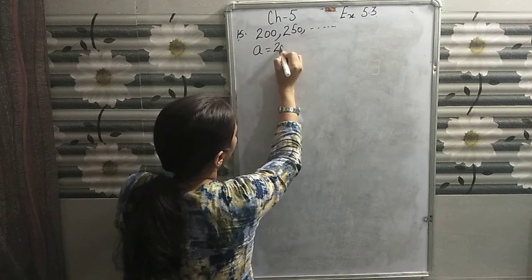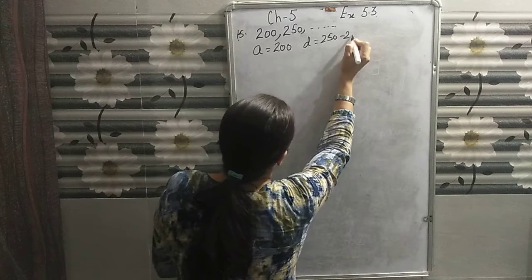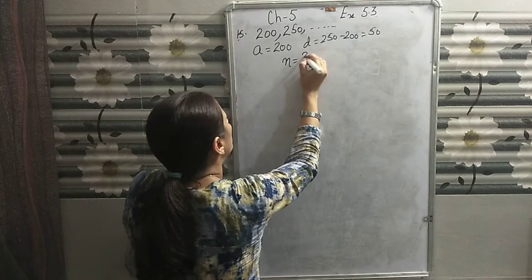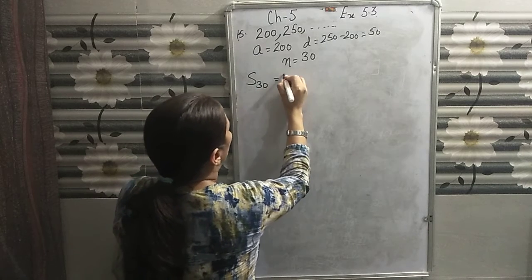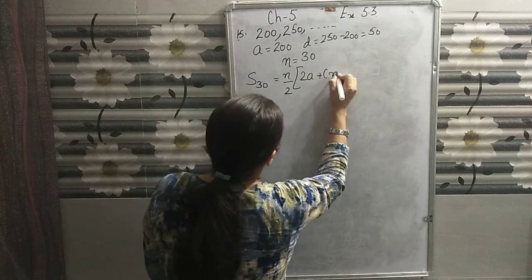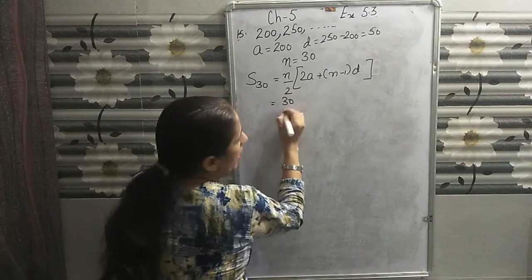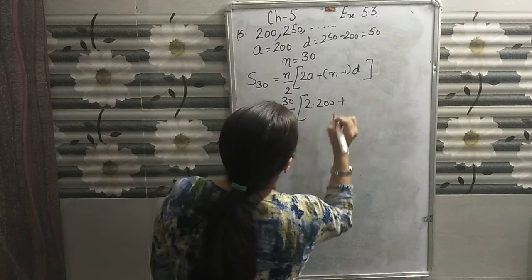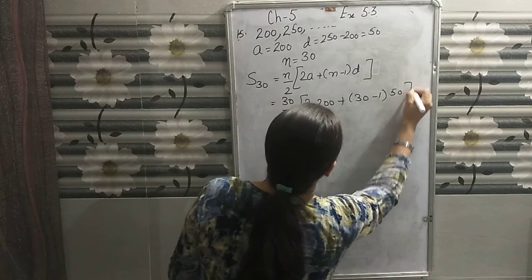So here a is 200, d is 250 minus 200, that is 50, and you have to find for 30 days. So we have to find the sum of 30 terms by the formula n by 2, 2a plus n minus 1 d. Here n is 30 by 2, 2 into a is 200, plus n is 30 minus 1, d is 50.